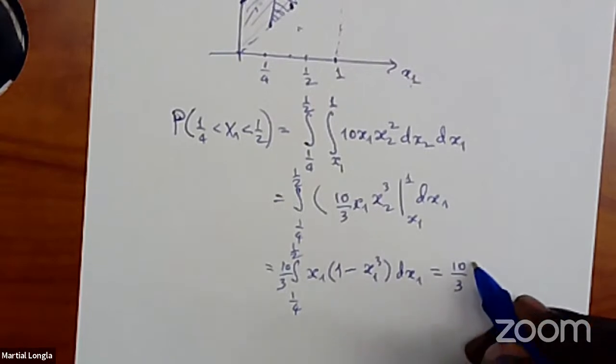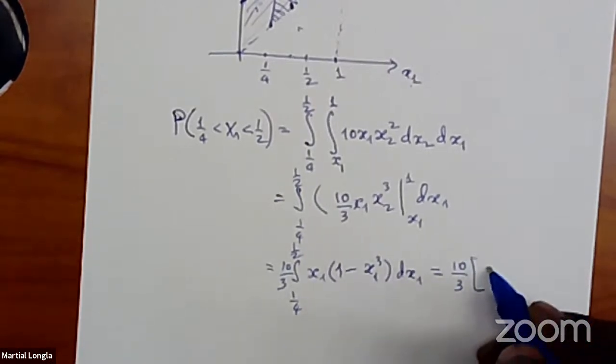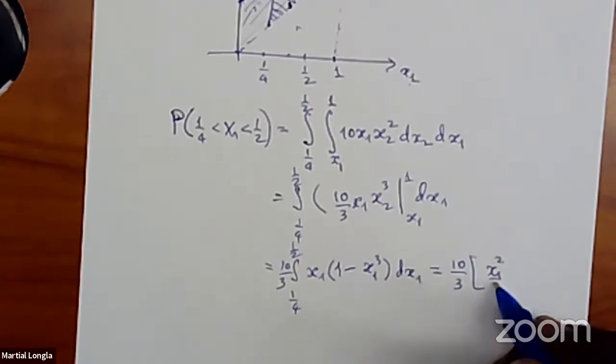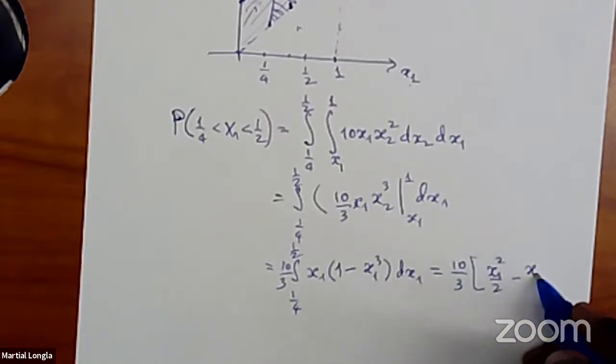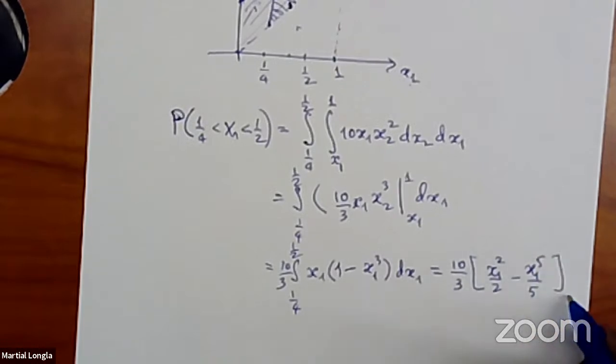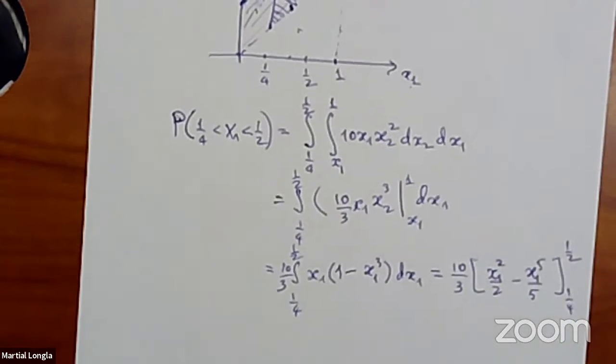Integral of x, that's going to be x1 squared over 2, minus integral of x to the 4th, that's going to be x1 to the 5th over 5. And plug in 1/4, 1/2. That's it. That's how you do it.